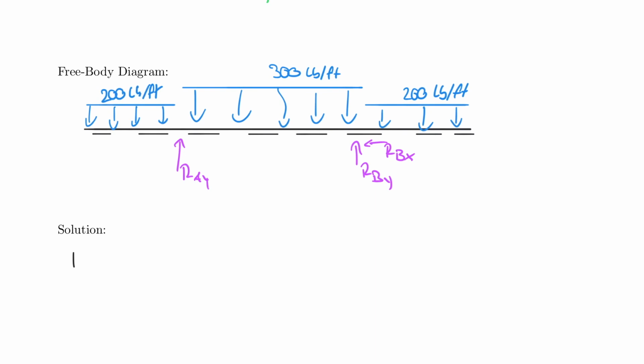So for example, if I want to find RAY, I would do that by the sum of the moments about B being equal to 0, counterclockwise positive, and 0 would be equal to, I always start with my unknown, minus RAY times 8 feet.